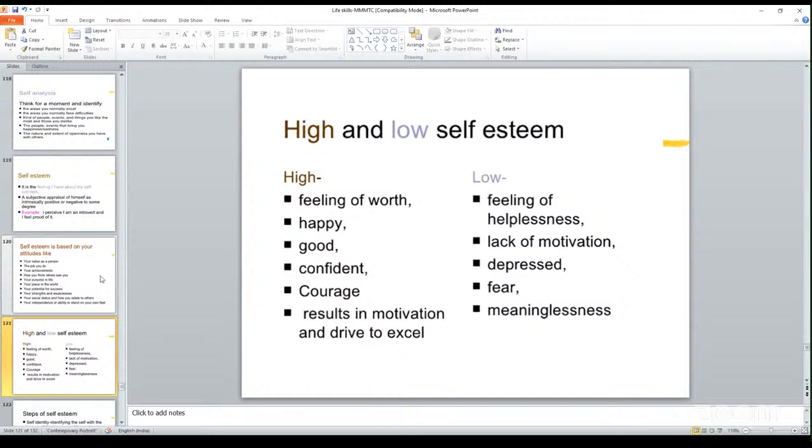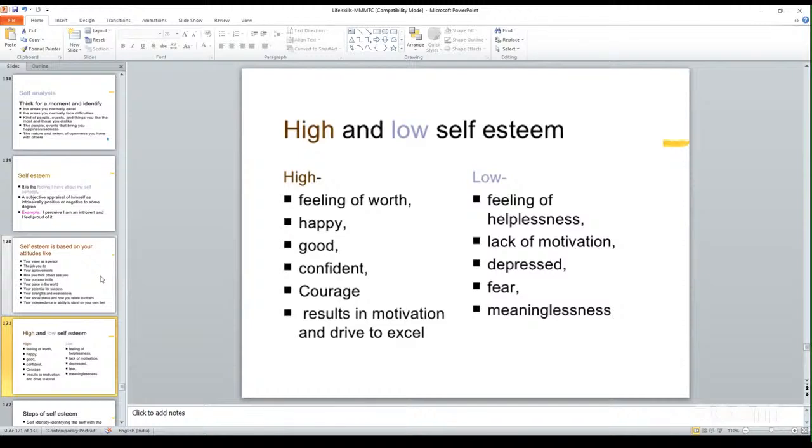A person with high self-esteem is happy, good, confident. Whereas a person with low self-esteem has a lack of motivation, may be depressed, having more fear. Whereas the person with high self-esteem is courageous, and his high self-esteem may result in motivation and drive to excel. Because of his high self-esteem, he may be motivated to do a better job.